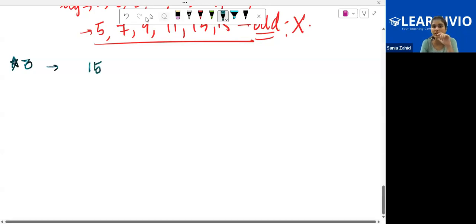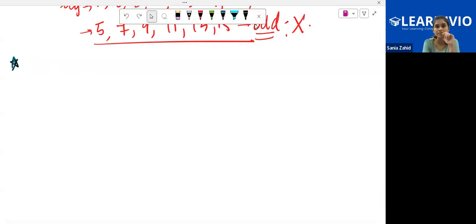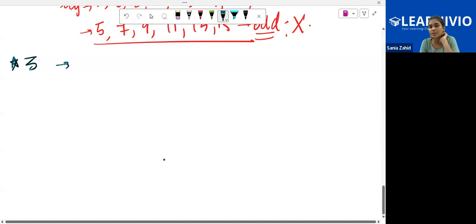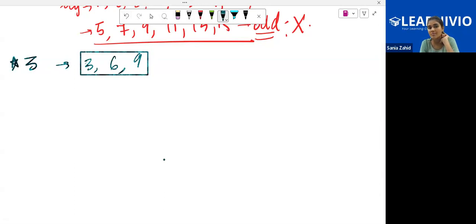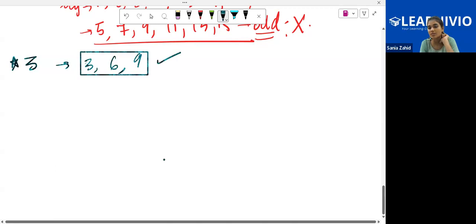If it is a one digit number, it's very clear. You can just simply multiply and tell if it's 3 or if it's 6 or if it's 9. Only these are the one digit numbers that are divisible by 3. Now you already know 6 comes in the table of 3, 9 also comes in the table of 3. So you know that these numbers are divisible by 3.